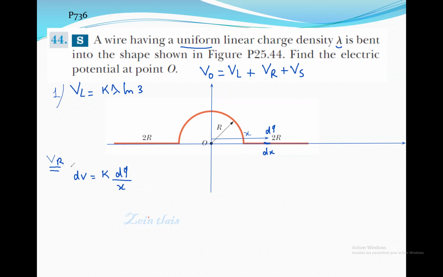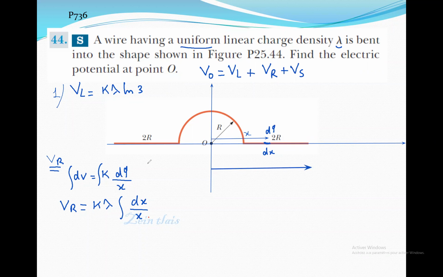Okay, to calculate V right, we do the integral equals to k lambda dx divided by x. And here x, if we move the charge from this point to this point, it must be between this point and this point. This point is located at R, and this one at 3R.